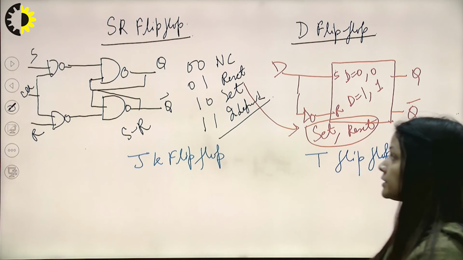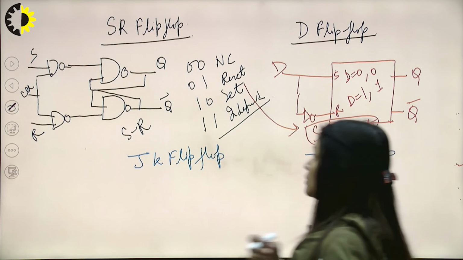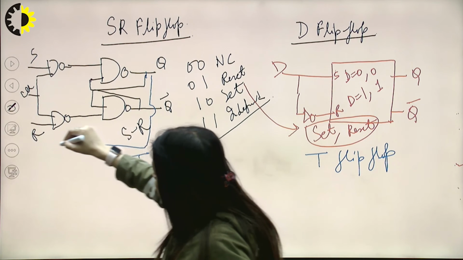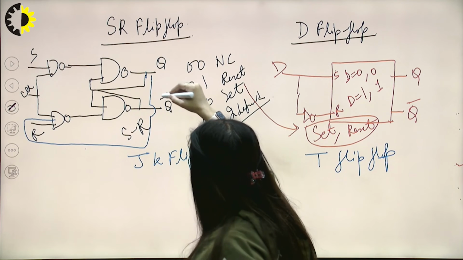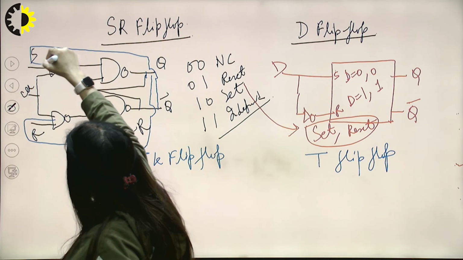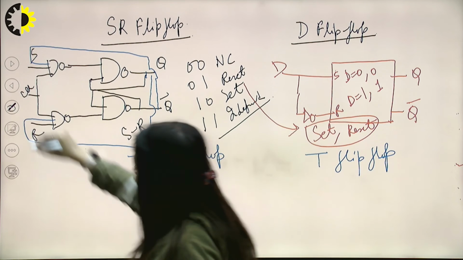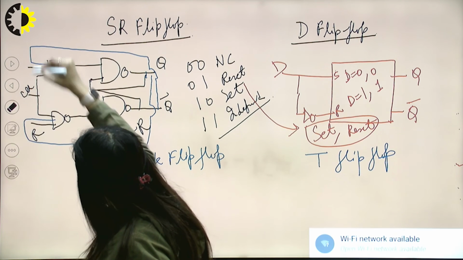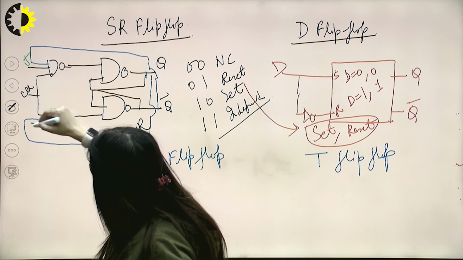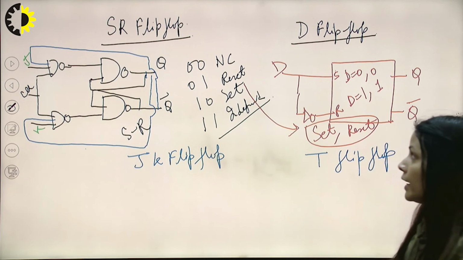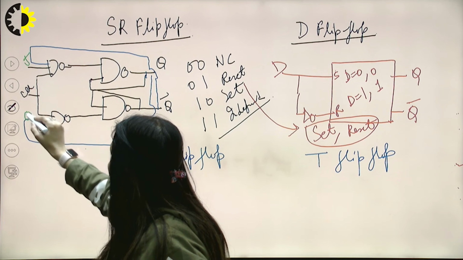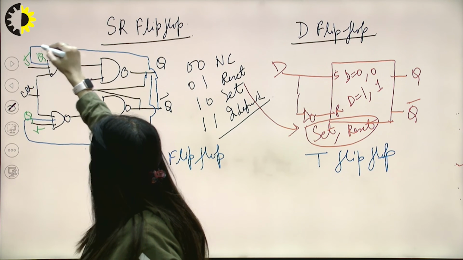So to make the JK flip-flop, some changes we will make to the SR flip-flop, and that is going to be 3 input NAND gates, and here we are giving this extra feedback, and we can change S and R to J and K, and this is Q and this is Q bar.